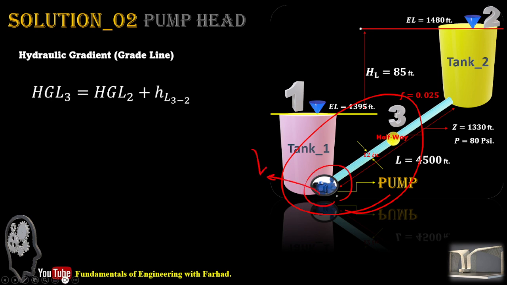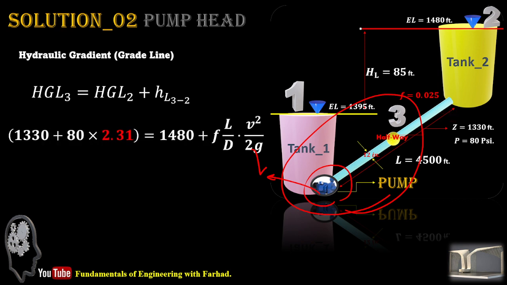So HGL 3 is equal to HGL 2 plus the head loss from 3 to 2. Again, for this part you need to calculate the velocity. That's the only extra part you need to do, but it makes it far simpler.